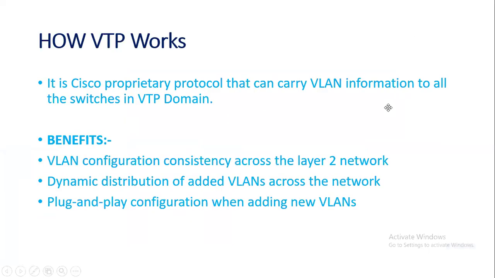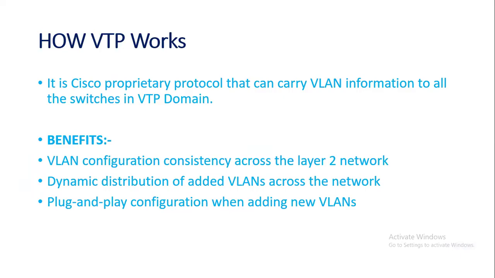So that is how VTP works. It is a Cisco proprietary protocol, and if you have multiple VLANs, the VLAN configuration can be carried from one switch to all other switches present in the VTP domain. The benefit is centralized management for layer 2 networks and plug and play configuration when adding a new VLAN.